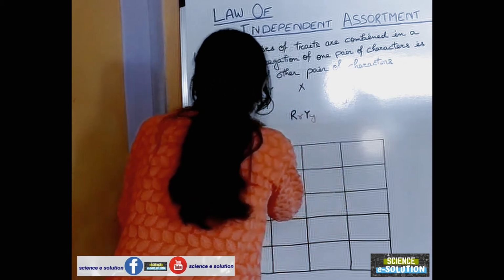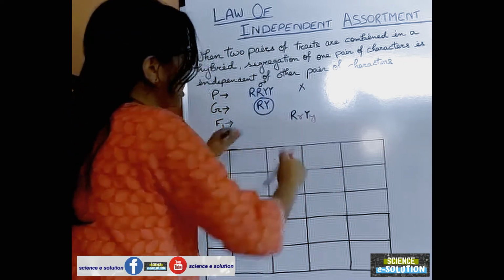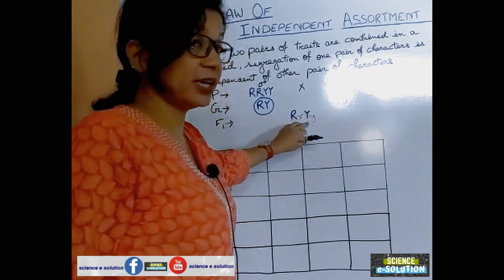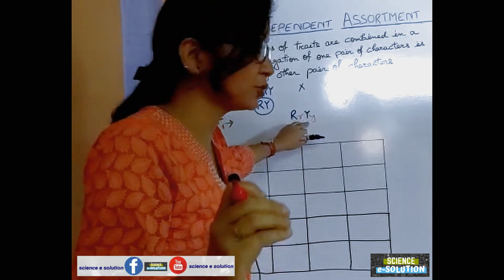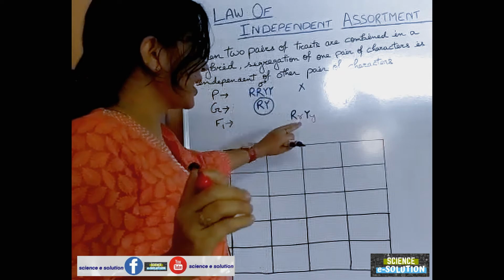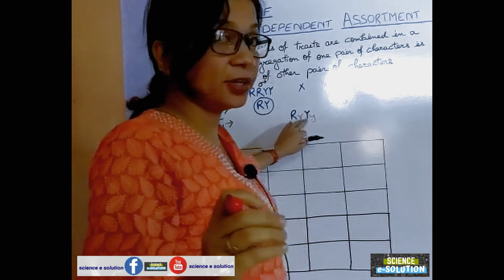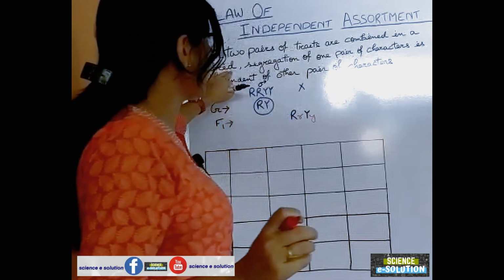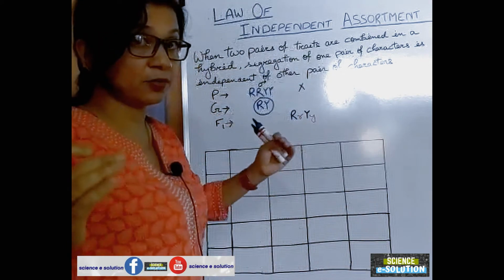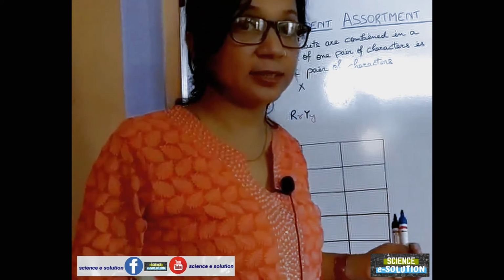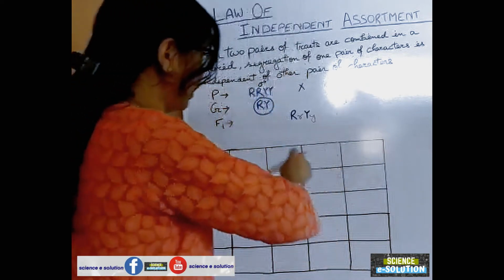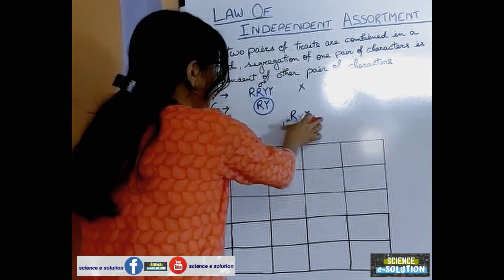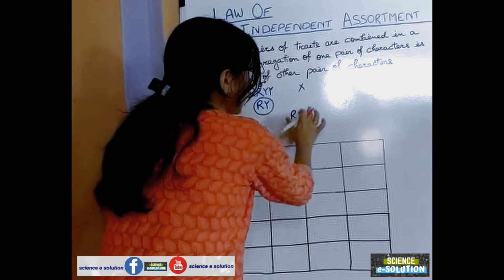So this one is hybrid round yellow. It is round and yellow, but not pure round and yellow like the parents. So when two pairs of traits are combined in a hybrid, segregation of one pair of characters is independent of the other pair. This I have to prove here. Up to this you understand that in the F1 generation we get hybrids.